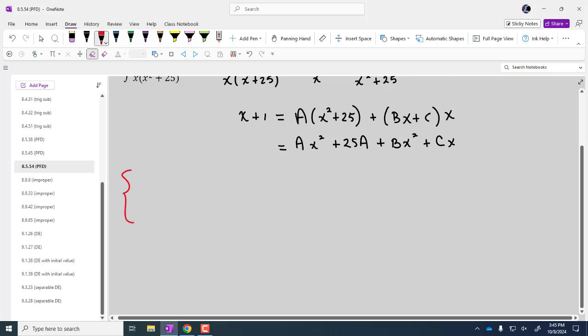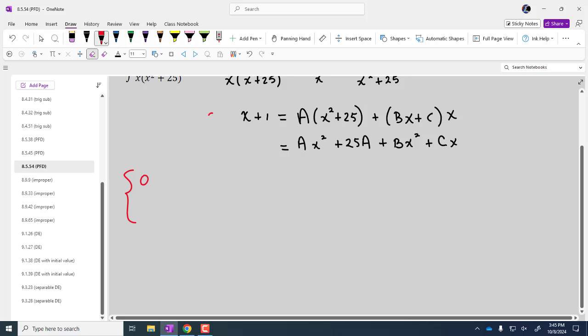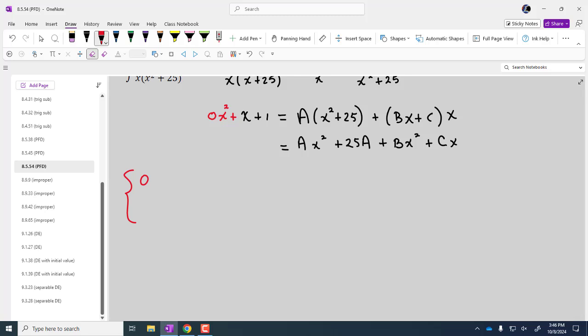So we know that we need 3 equations because we have 3 unknowns, a, b, and c. So on the left, the coefficient of x squared is 0. If you want to write it in, you can. So on the left, we have 0x squared. On the right, we look at all the x squared terms and we pluck off the coefficients.